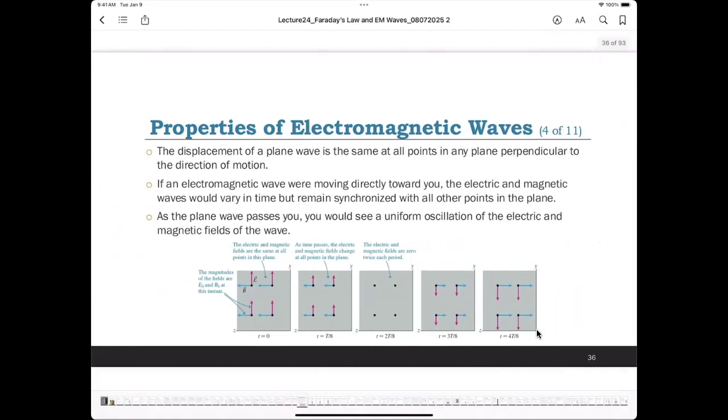Okay. The displacement of a plane wave is the same at all points in any plane perpendicular to the direction of motion.